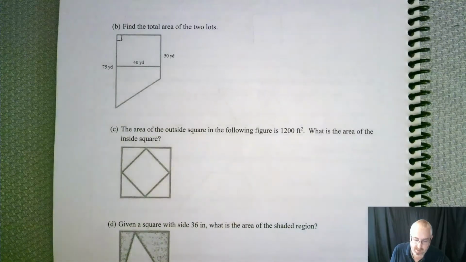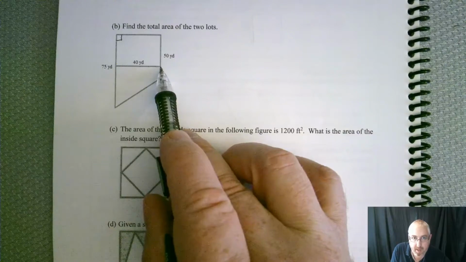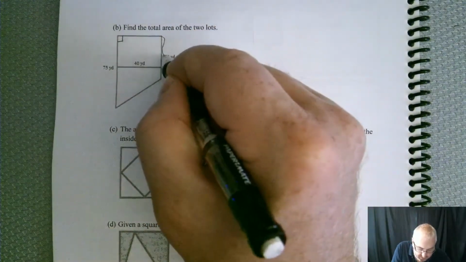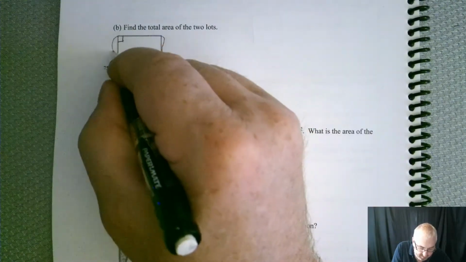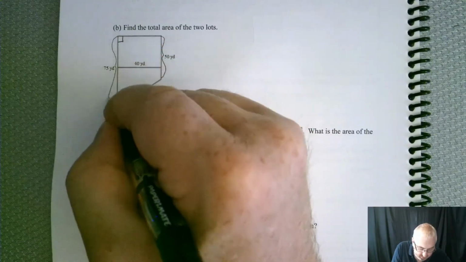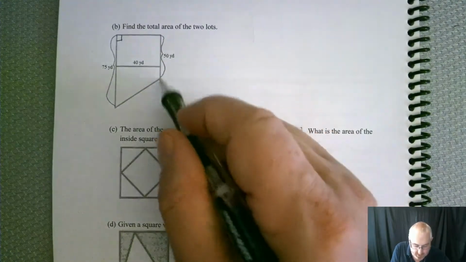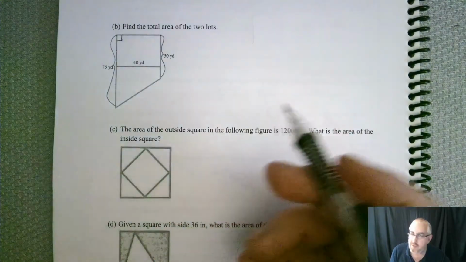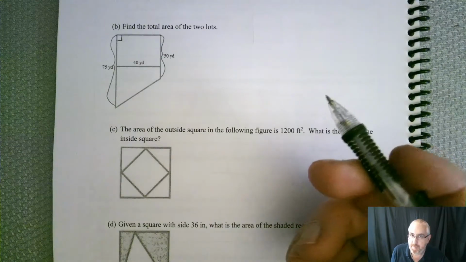But the problem is, where exactly are we stopping? The 50 yards, it's hard to tell, but the 50 yards is this entire dimension here. And the 75 is this entire dimension. So it's not really telling you where it chops it up on the side. So we can't really split it into two shapes.